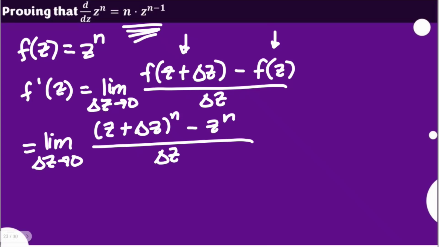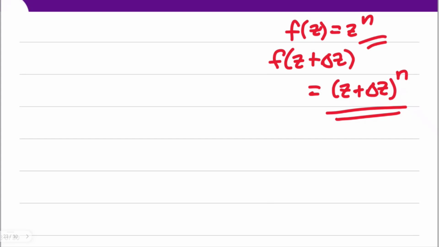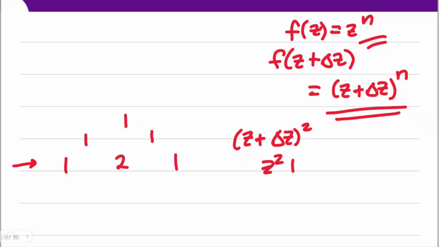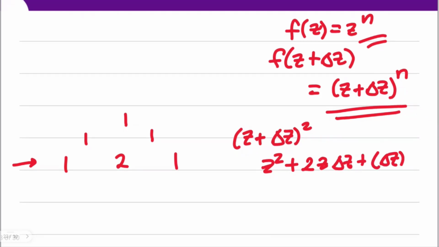Now, let's move back here. Again, when we talk about squaring that, we are going to follow the Pascal's triangle, right? 1, 1, 1, 2, 1. This row here provided us with z squared plus twice z delta z, plus the square of delta z.